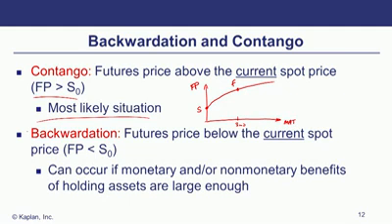But let's think about what actually causes contango. Let's think about our good old formula. How do we determine the futures price? I'm not going to use mathematics here. I'm simply going to use words. So the futures price is going to be the spot. And mind you, I'm just looking at it from a conceptual point of view.